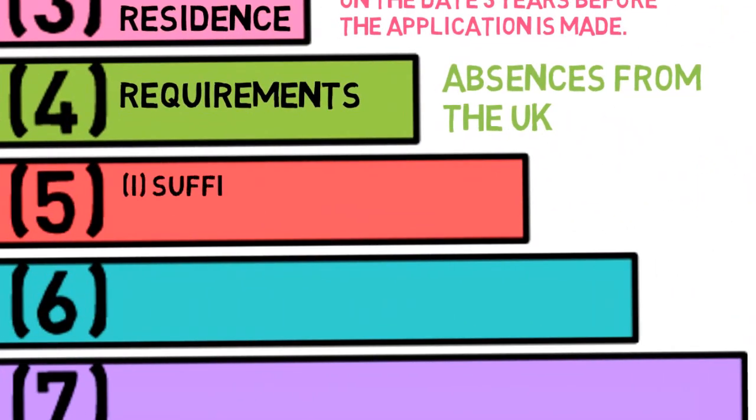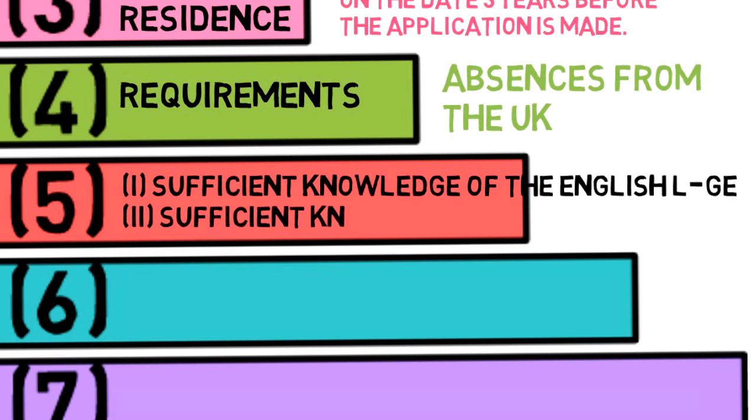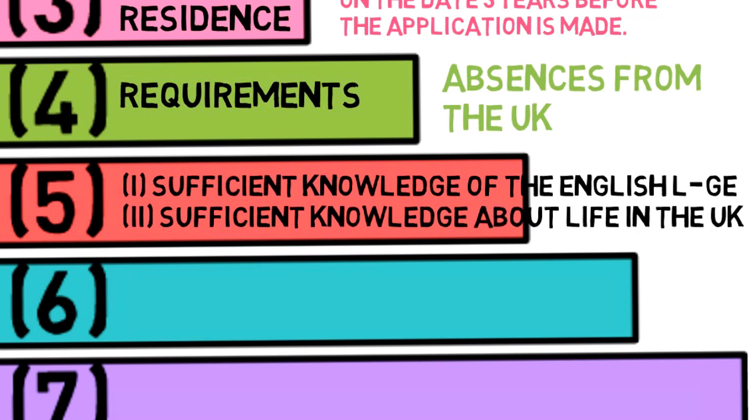Requirement number 5 consists of two components. It's first of all sufficient knowledge of the English language, and the second one is sufficient knowledge about life in the UK. The majority of you should not really be concerned about this requirement, as you probably met it when making your indefinite leave to remain or permanent residence application.